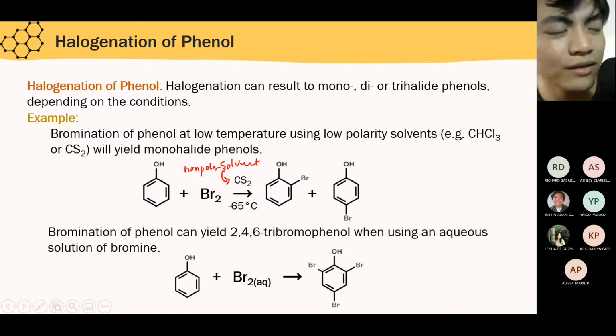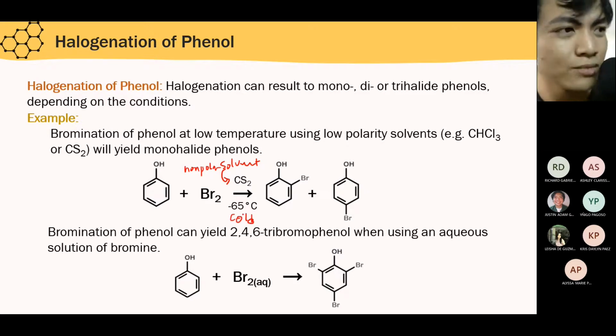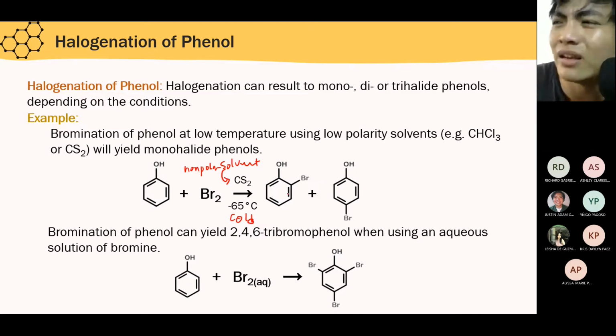So apparently, if you put your phenol into a non-polar solvent at cold temperature, monohalogenated phenol lang yung mapoproduce niya. And then the position of the halogen is either ortho or para.